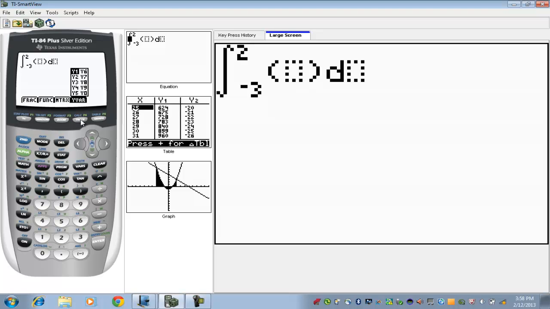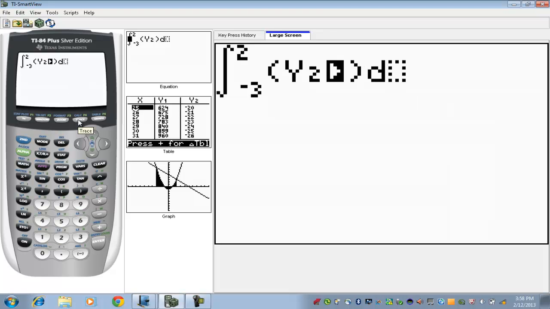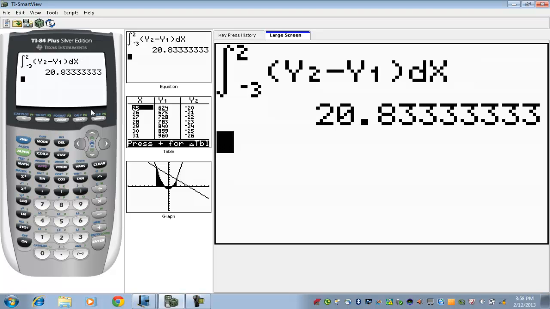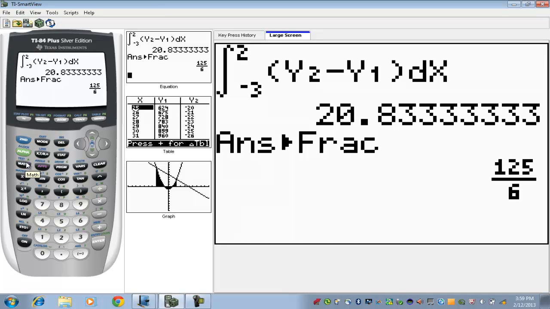Let's go to alpha trace: y2, enter, minus away y1, again alpha trace, enter. Differentiate with respect to x, because y2 and y1 are written in terms of x. So enter. This gives us a non-exact value, 20.83333. To convert to fraction form, let's go to math, press number 1, and enter. This gives us 125 divided by 6, which is the exact value.